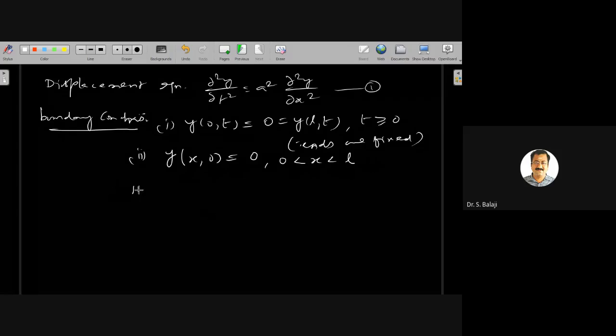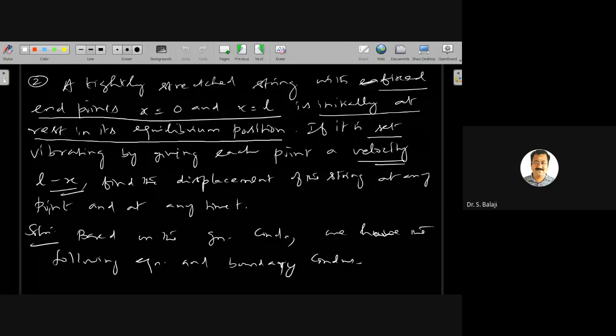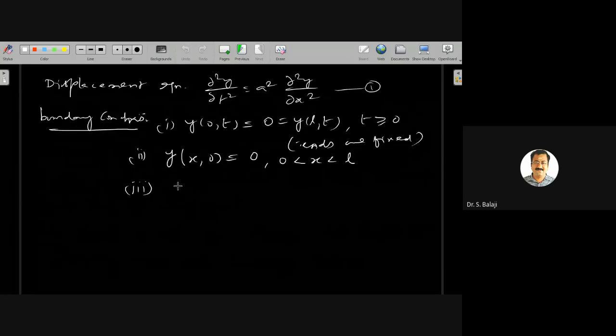And then the third one: the string is set vibrating by giving each point a velocity L minus x. Therefore, how can you represent the initial velocity here?